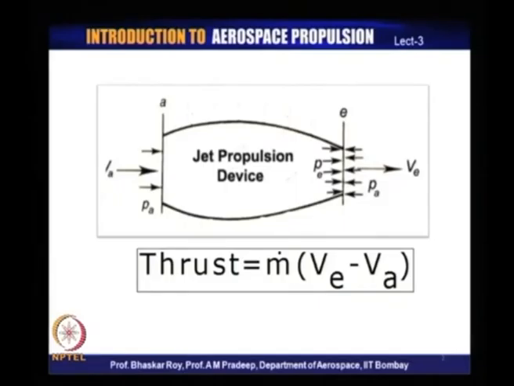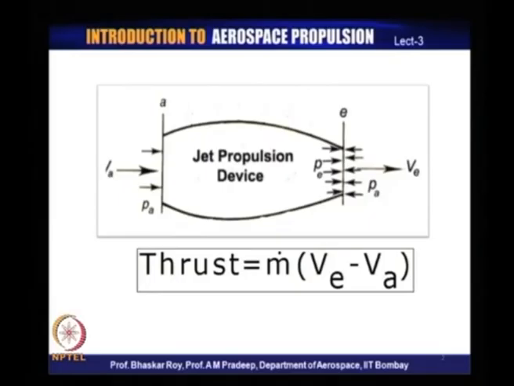In this particular instance, we are considering that the exit pressure has indeed reached the atmospheric pressure P a by the time it exhausts from the propulsive device. As a result, at the face marked E, the difference between the two pressures is 0, and hence we get a thrust dependent only on the change of momentum, often referred to simply as the momentum thrust.